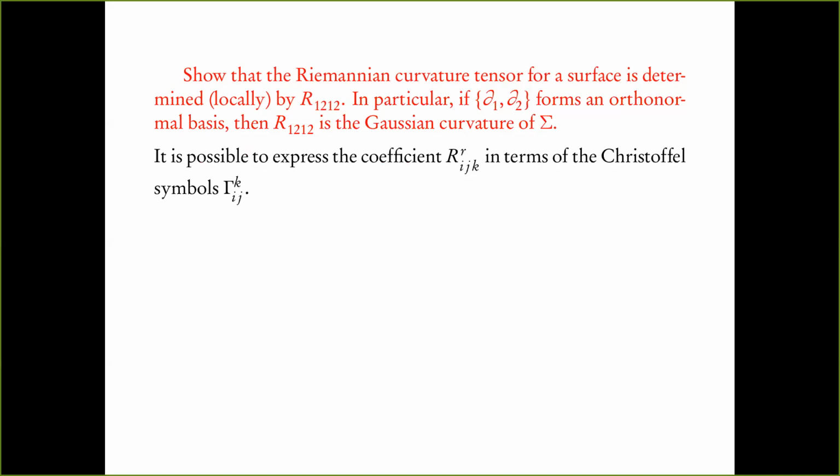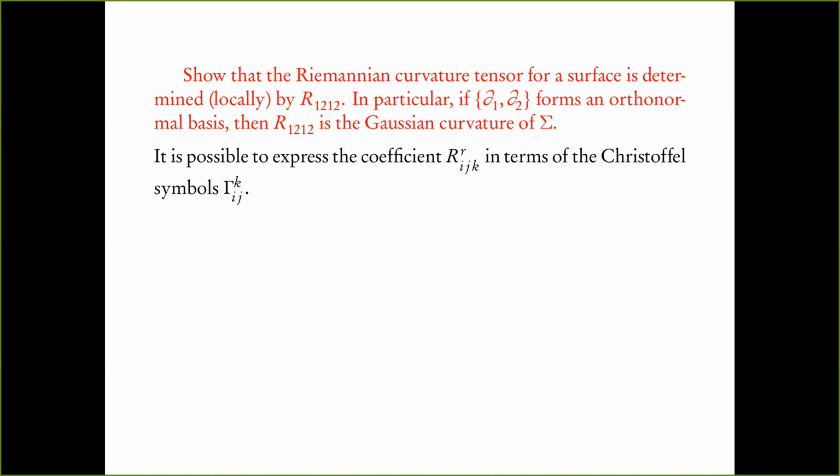So let me make a pedagogical remark. We have these coefficients R_IJK superscript L. These appeared when we were expanding the Riemann curvature, and you might ask whether you can express them in terms of the Christoffel symbols, because we know that the Christoffel symbols are expressible in terms of the metric, being combinations of the metric entries and their partial derivatives.